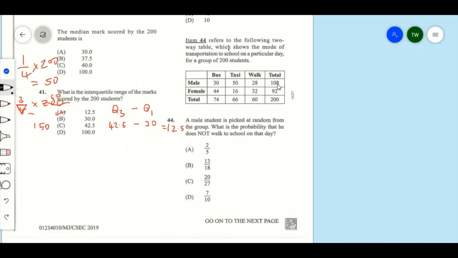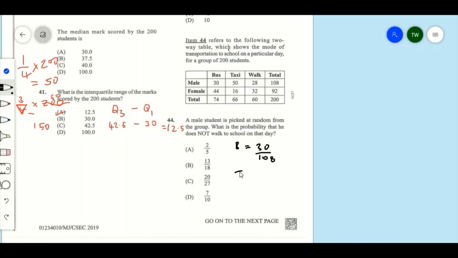Now the total amount of males here is 108, right? Now if he takes the bus, what's the probability of taking the bus? For bus, I'm just going to use B. The probability of taking the bus is going to equal 30 boys out of a total of 108 boys, right?